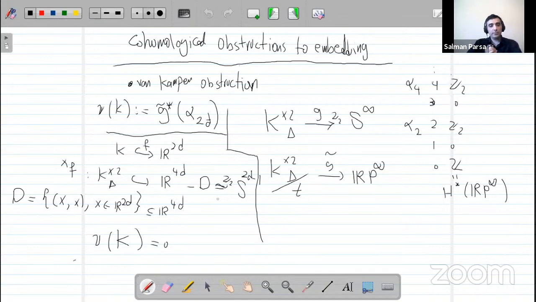It should be possible that there are subcomplexes in the deleted join which can work as obstructions in a more general situation, and they are not necessarily Z2 spheres. And those kinds of obstructions actually exist for the deleted product.